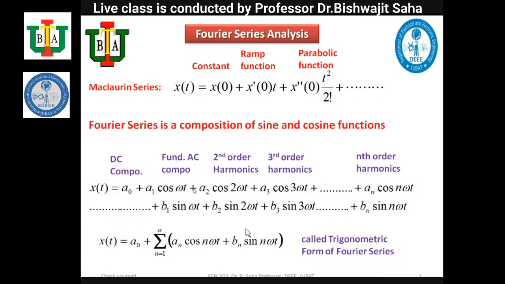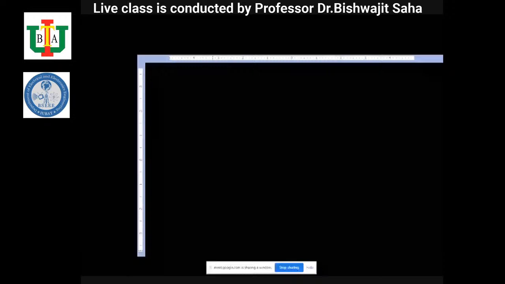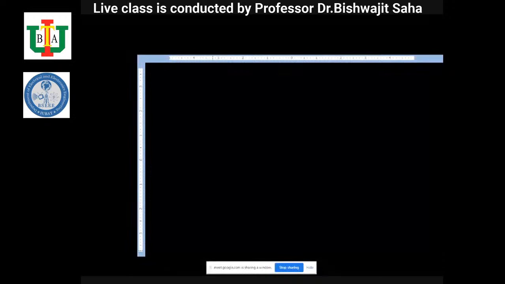Beyond this fundamental component, we always have harmonics, which are generally called noise. Noise will always be there. So we need to ignore or subtract the noise from the original function. How can we ignore those harmonics? We have to make a filter circuit.